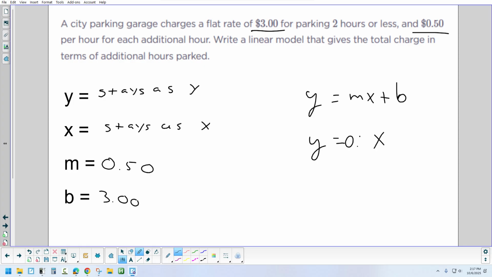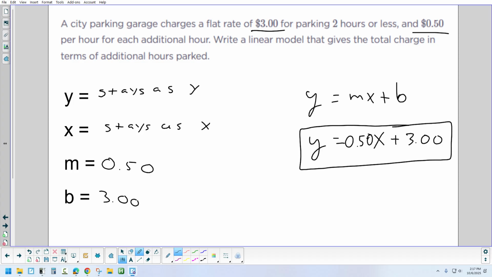Yep. And what am I filling in for b? $3. That's what they're looking for in the first problem. So now, if you tell me how many hours you parked, we could plug that in and do the calculation, but that's the equation they want. Any question on that?